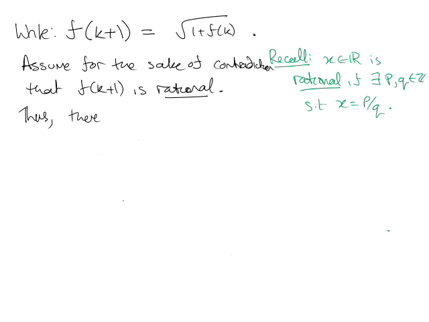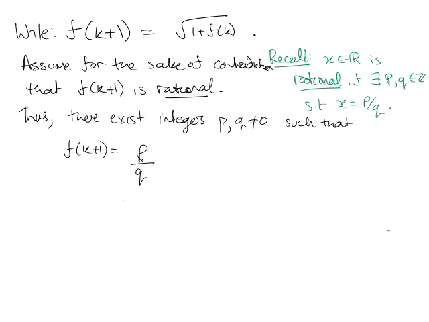Thus there exist integers p and q, with q not equal to 0, such that f of k plus 1 is equal to p over q. And now we want to show this is a problem. We want to use the fact that f of k is not rational.